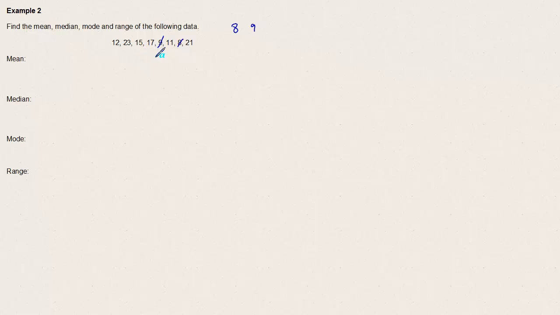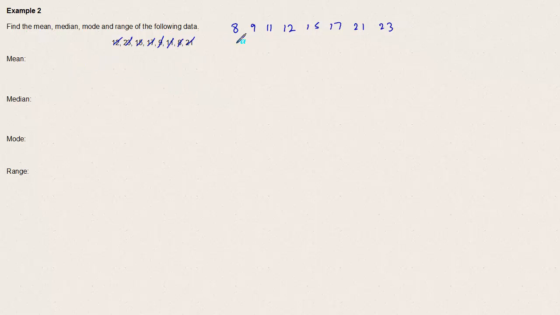And then the next piece is an 11. There's a 12. There's a 15. A 17. A 21. And finally a 23.